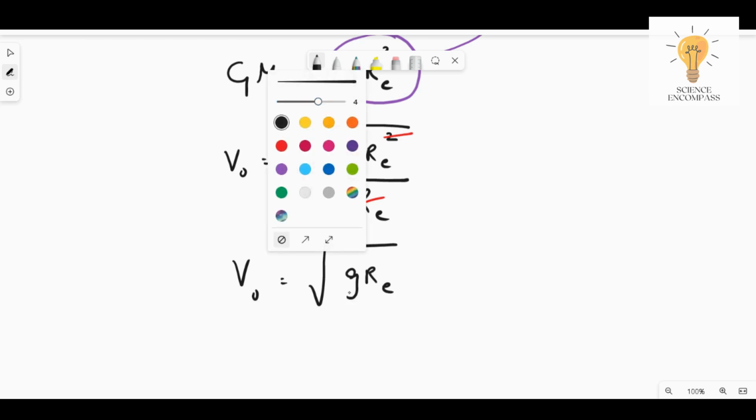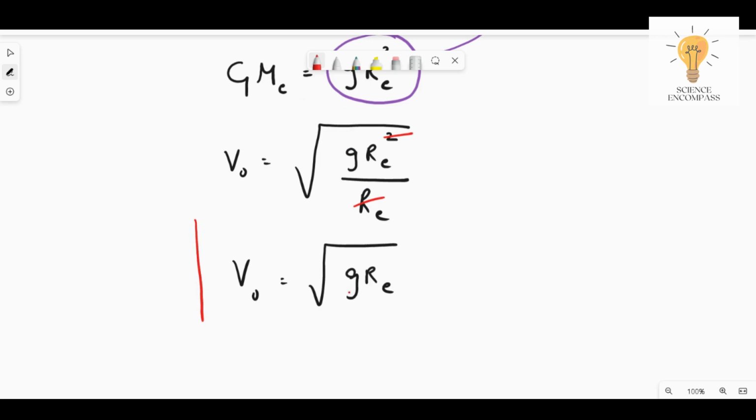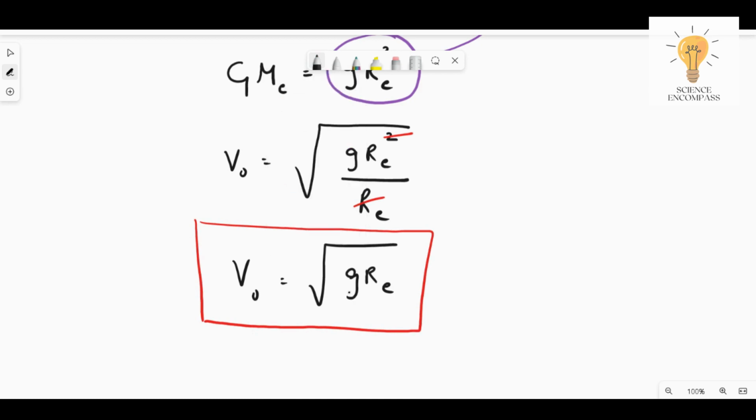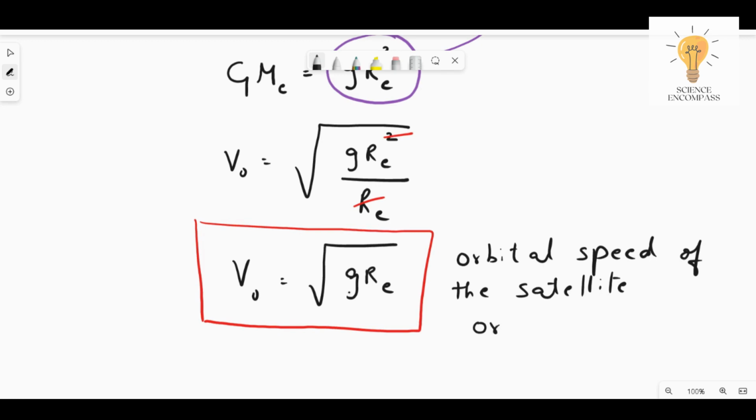So this is your orbital speed of the satellite orbiting very close to the Earth. Very close to the Earth.